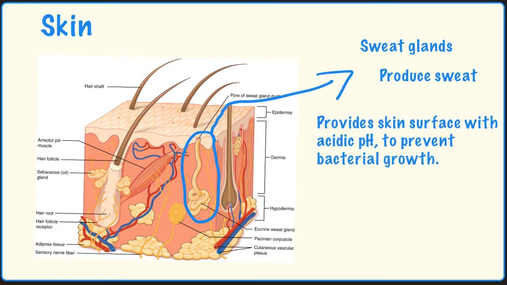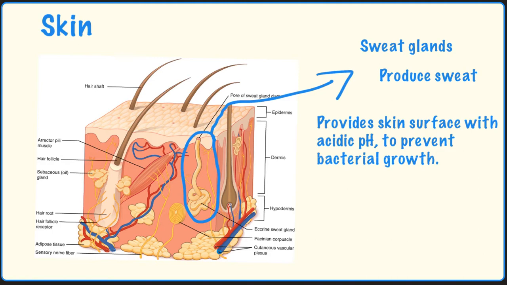And the sweat itself also helps to wash away any bacteria on the surface. So all of these components together really help to keep bacteria off the surface of the skin and from penetrating further. Again, like I said before, if the skin gets cut or burnt, etc., now we're opening that up and allowing that to come in.